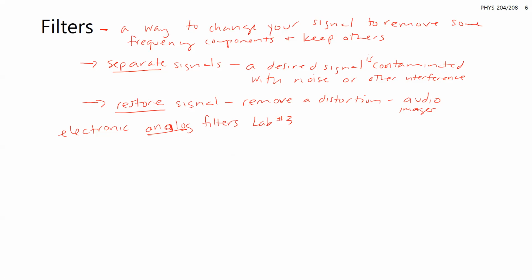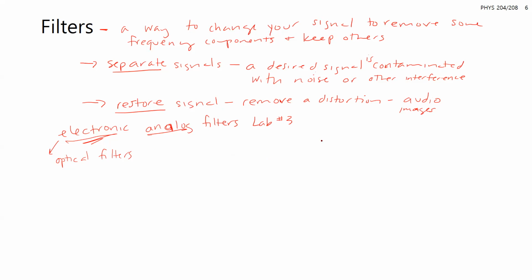You're going to be using circuit components to act as the filters, as opposed to digital filters, which we'll get to in lab 4, where you'll be using signal processing on the computer after you collect the data. I mentioned electronic filters because there are other filters, like we talked about with images and audio, and in physics you'll also run into optical filters, which I'll comment on in a little bit.